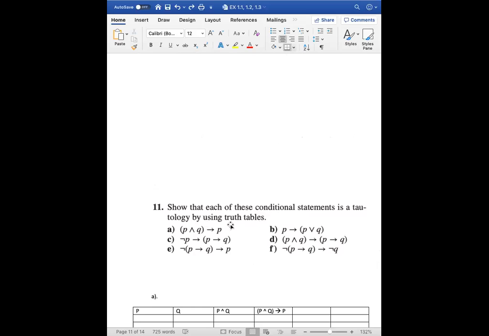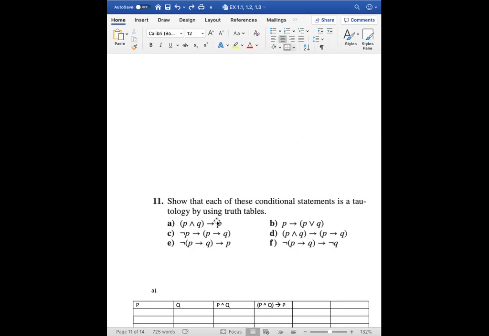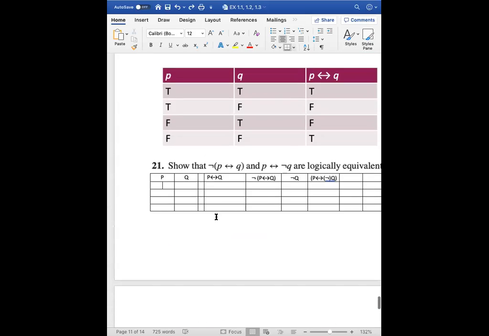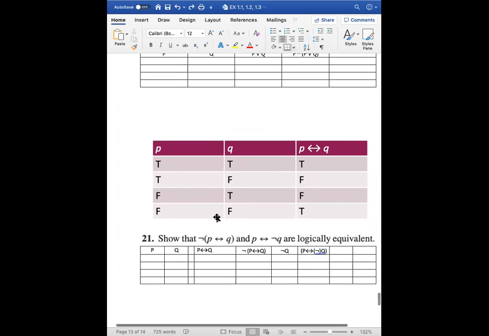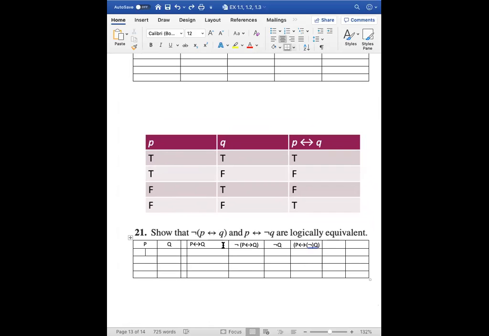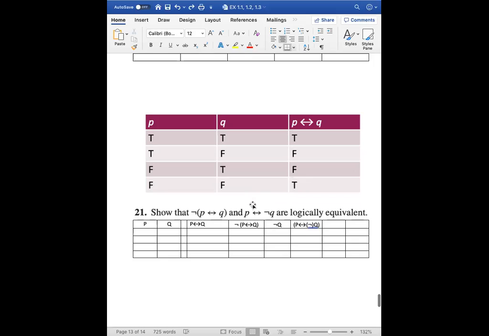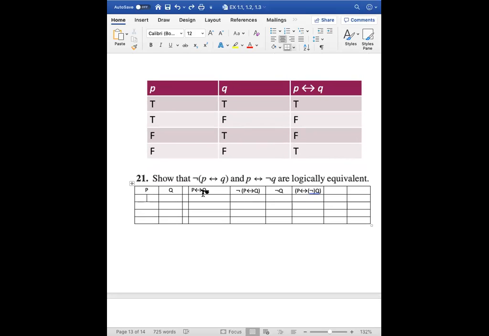When it says you have to use the truth table, you cannot use the laws. But here it doesn't mention that, so you can do it using laws or the truth table. But because we don't have sufficient knowledge of laws right now, and they will be coming in the next exercises, we will be proving these statements using the truth table. Okay.